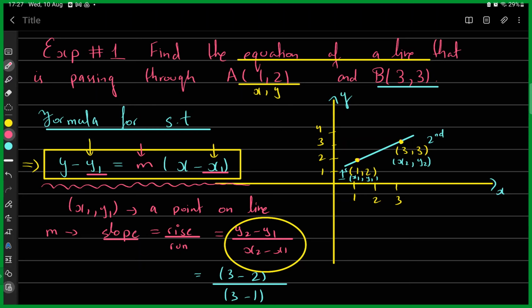The statement was to find the equation of a line that is passing through A, that is 1 2, and B, that is 3 3. So this made you know that 1 2 and 3 3 are lying on the line. You can use 1 2, you can use 3 3, that's fine.